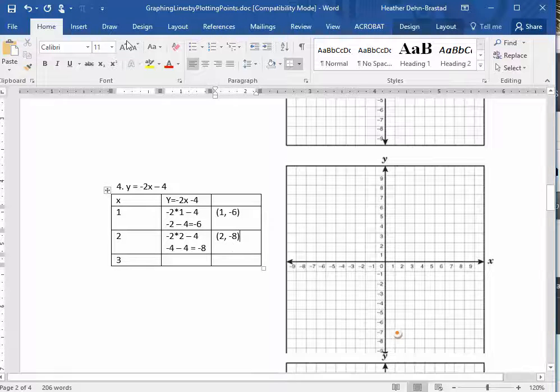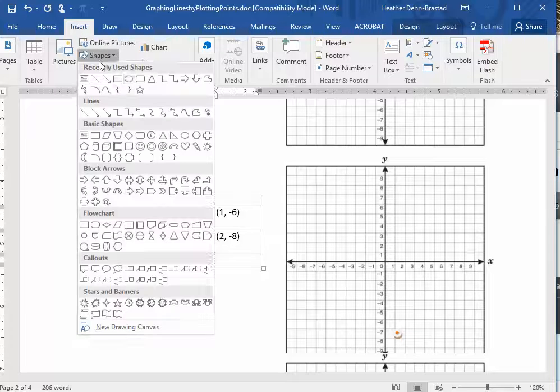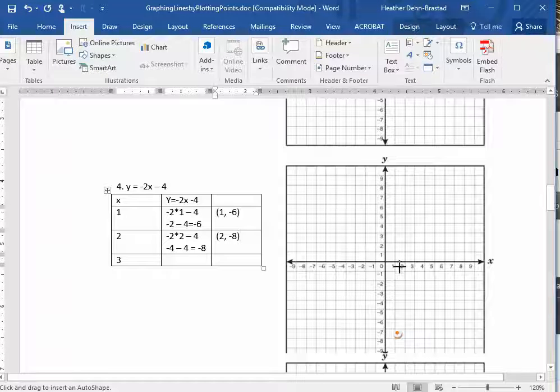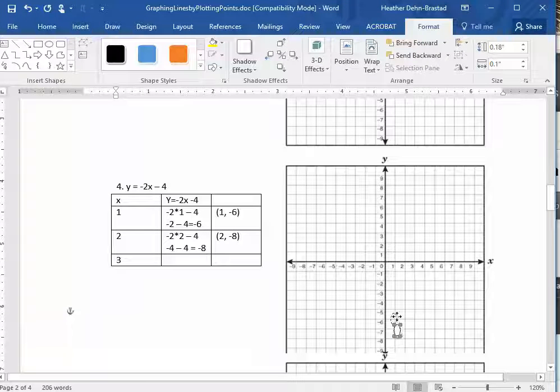So when I make my point, I have to go over 2 and all the way down to negative 8. Oh, you know what? But this point is down too low. Let's move that point up. I made it too low. And now I can't get it right on, can I? And this point was supposed to be at negative 8, which is right here.